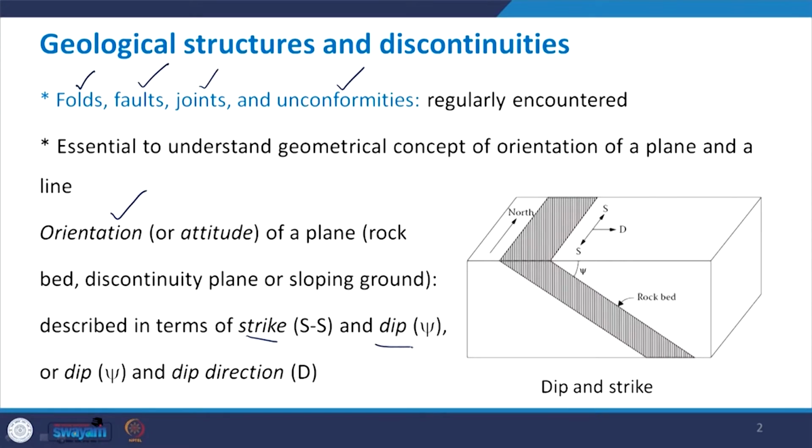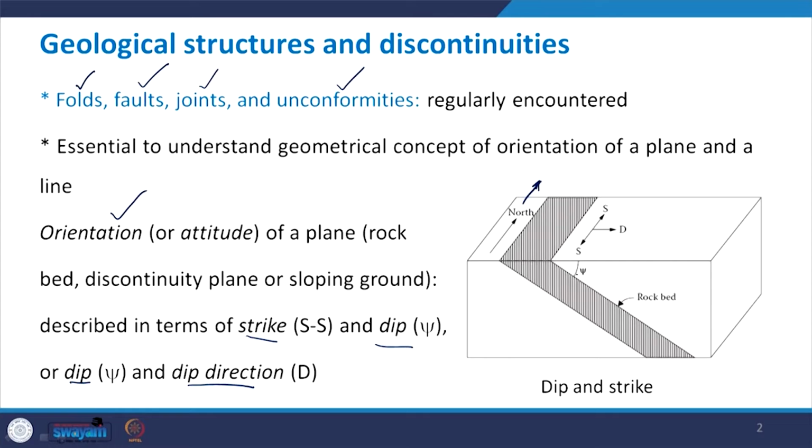Now, this plane can be anything. It can be a rock bed, a discontinuity plane, or a sloping ground. The orientation of any such plane in a three-dimensional situation is described in terms of strike and dip, or dip and dip direction. Have a look at this figure, and you can see that we have north in this direction.